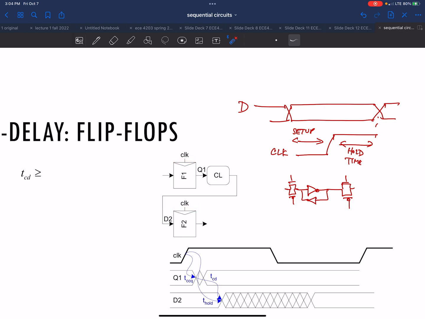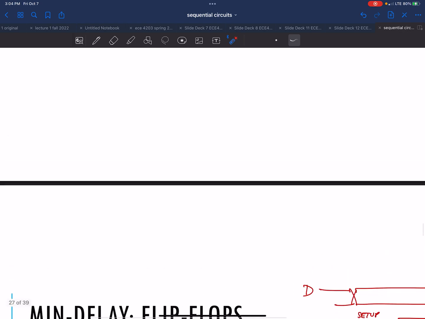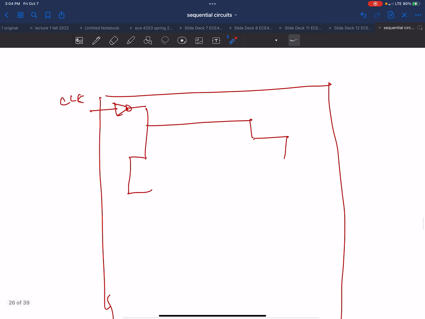There could be any kind of delay. The absolute value of the clock depends on where you are in the chip. And the relationship between that absolute clock and the D therefore depends on where you are on the chip.